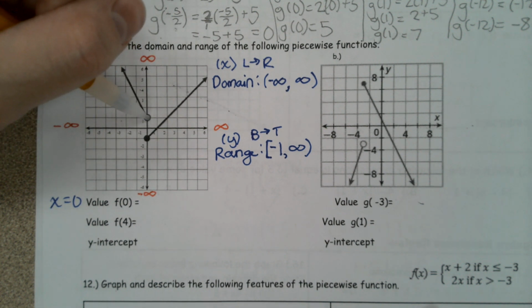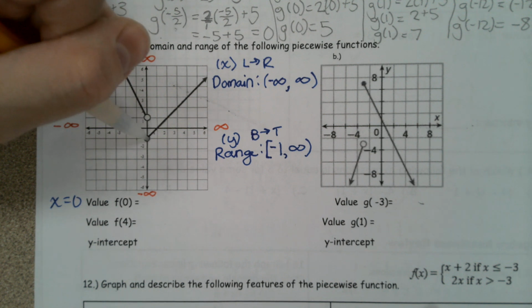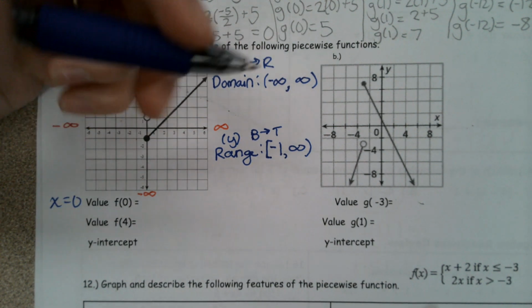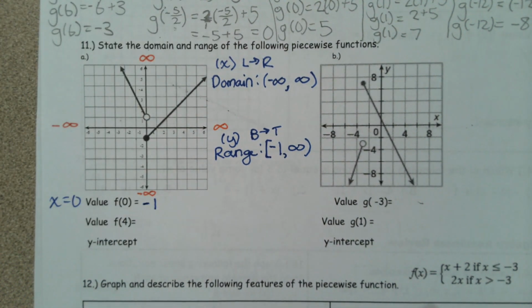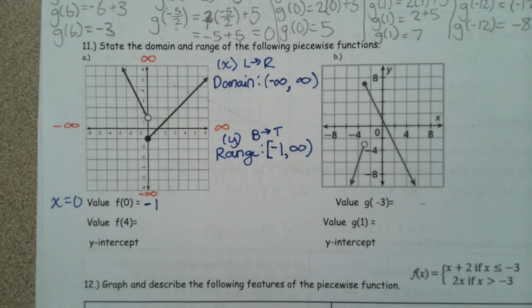So there's a hole here. So this isn't going to be what f of 0 is. There's a point here. So when x is 0, y is negative 1. So essentially, you're looking for the point that connects to that value of x. And that's negative 1. Negative 1 connects to 0 on the x-axis.